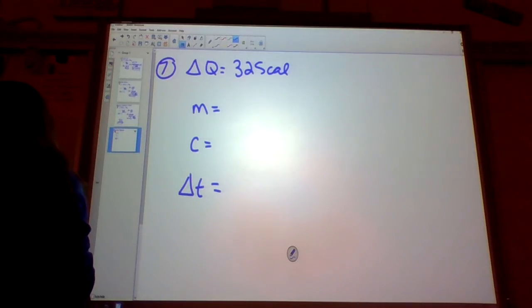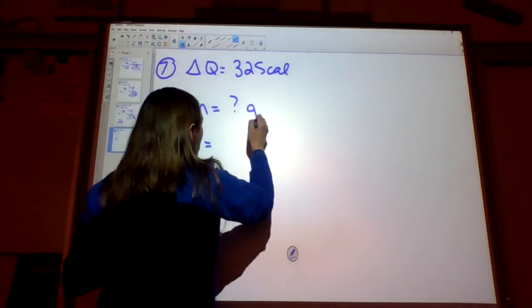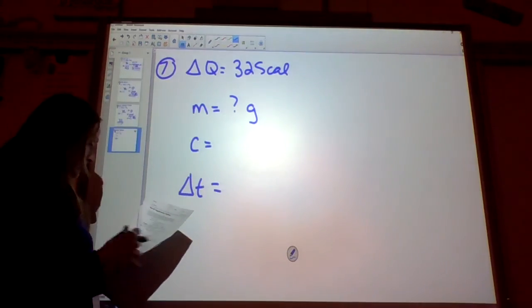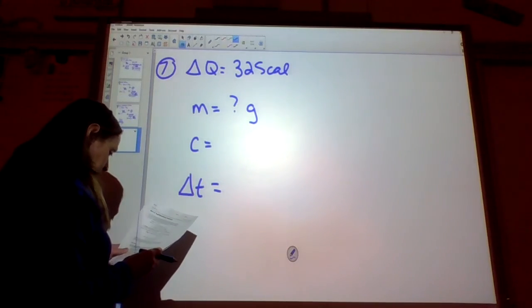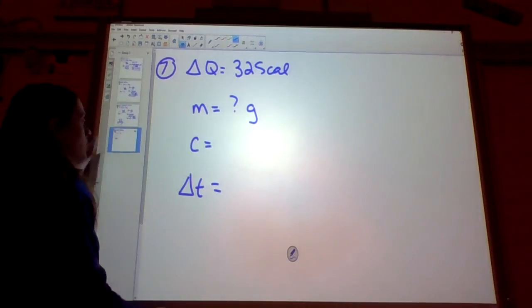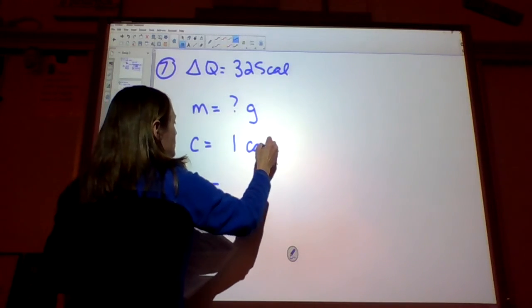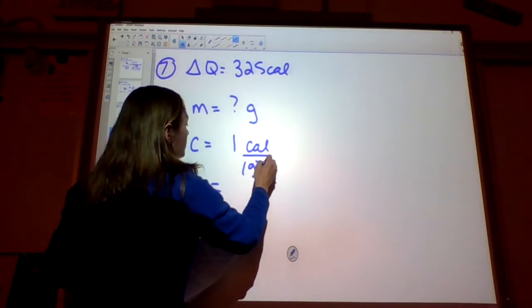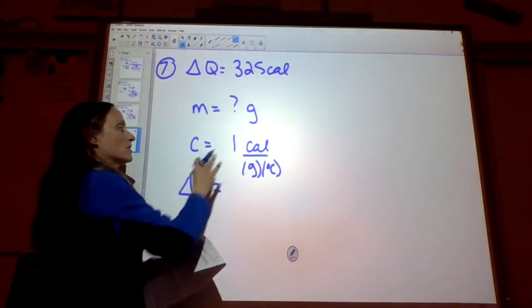We are trying to find our mass. So we'll put question mark grams because it says the quantity of the water. So how much water do we have? C, since we are using water again, and our Q is measured in calories, we'll always use the 1 cal or the 4.184 joules. But since we're using calories here, we'll use the 1.